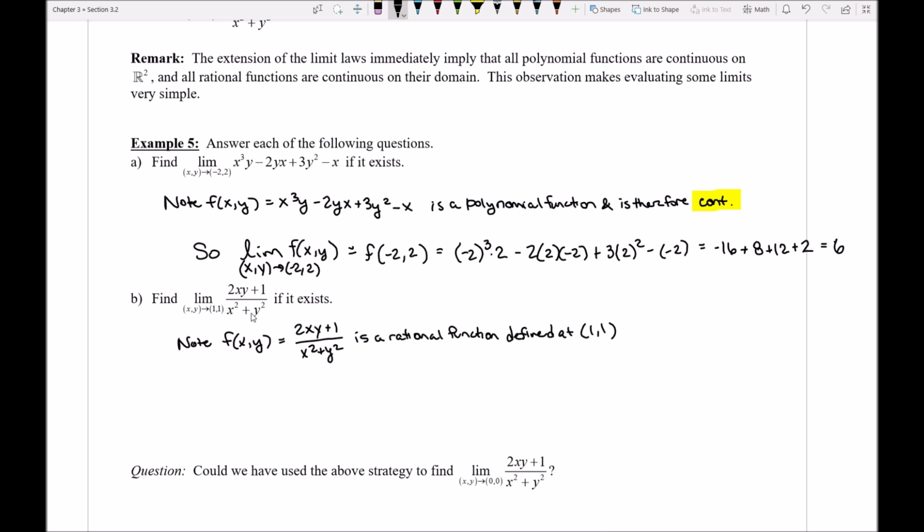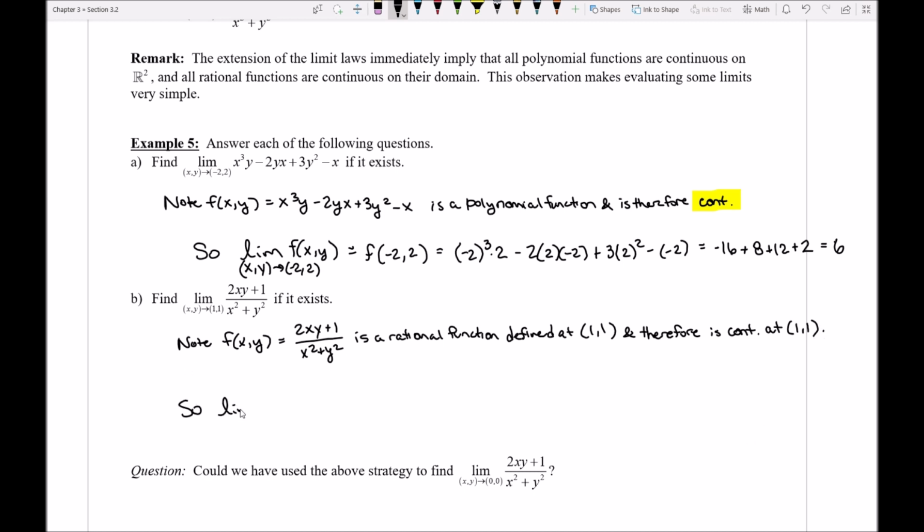It looks like the only problem that this function could have had would have been at 0, 0. That would have made the denominator 0. But at 1, 1, everything's fine. And so I know that this function is continuous at 1 comma 1.